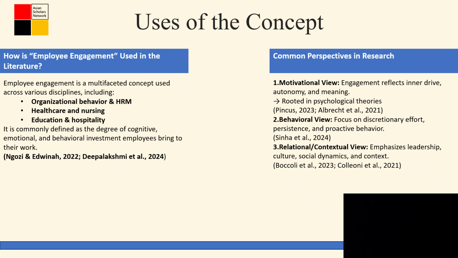Researchers explain engagement from three angles. Motivational view: engagement comes from meaning, autonomy, and inner drive. Behavior view: engagement shows as extra effort, persistence, and proactive behaviors. Relational contextual view: engagement depends on leadership, culture, and social environment. After seeing these perspectives, we can now define the core attributes more clearly.